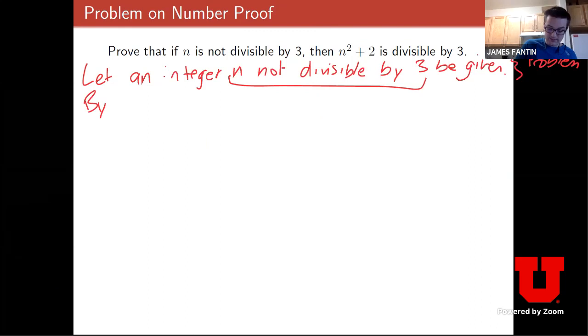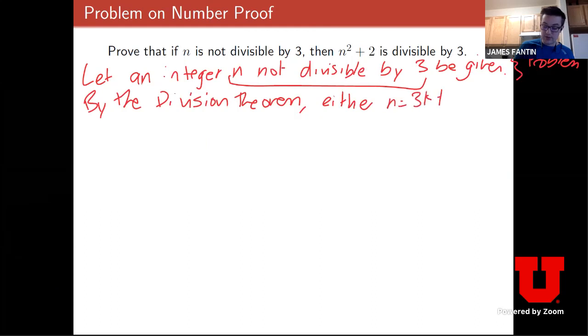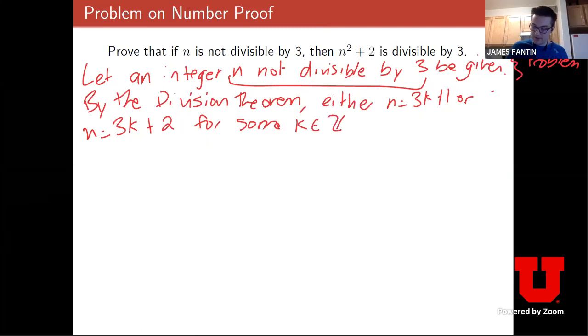So by the division theorem, either n equals 3k plus 1, or n equals 3k plus 2 for some integer k. This part was really using our definitions, and that's always the second part. What does it mean that n is not divisible by 3? We open up that definition, use the division theorem, and this is what it means.